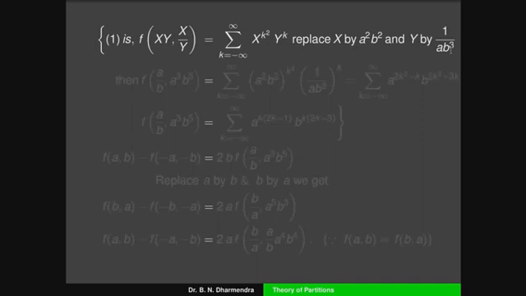You can observe the terms x by a square b square and y by 1 by a b cube, in terms of x into y. So in x into y, here a square is there, here a is there, you multiply the terms of x, y, that becomes a, and also here b square is there, here b cube is there, so we get b square.